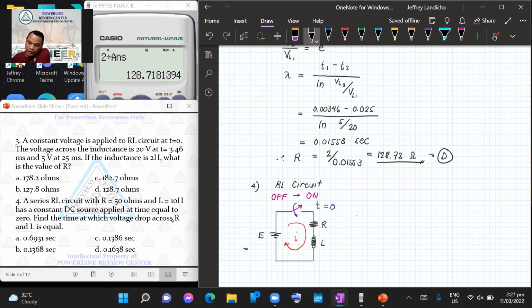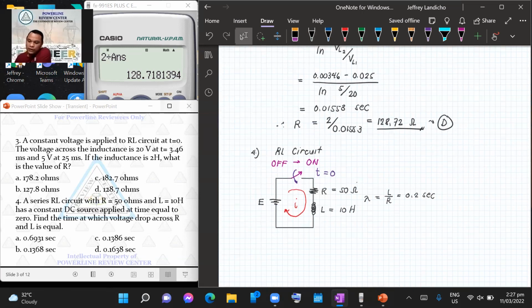Hindi lang binigay ulit kung ano yung ating source voltage. But based sa problem, resistance of this given RL circuit is 50 ohms and inductance of 10 Henry. So, using that data, time constant L over R is 1 over 5, that is 0.2 seconds.